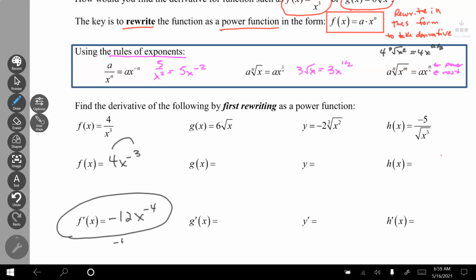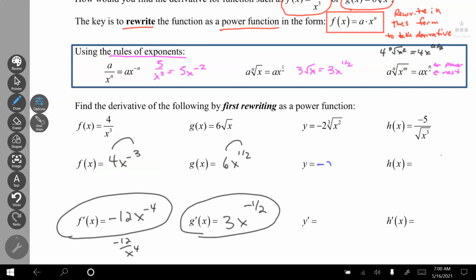If you want to rewrite this as negative 12 over x to the 4th, that's fine, but I would just leave it as negative 12x to the negative 4. I rewrite this as 6x to the 1/2. I multiply, I get 3x to the 1/2 minus 1. Top minus bottom is going to be negative 1/2. So the derivative is 3x to the negative 1/2.